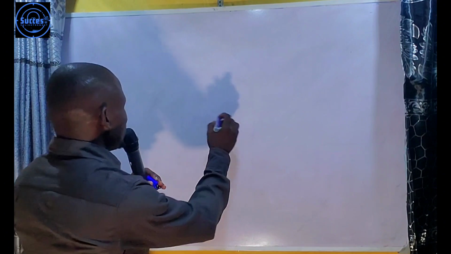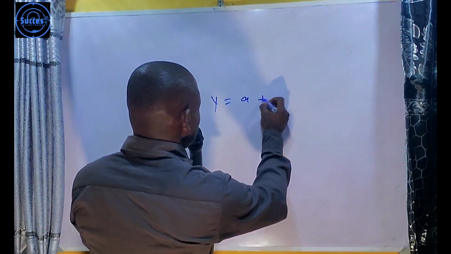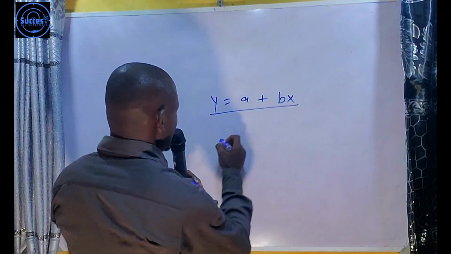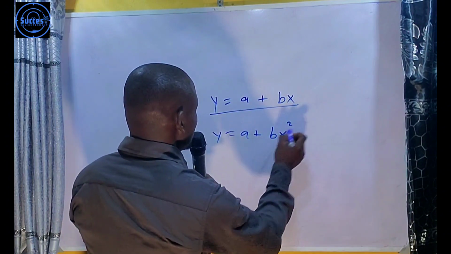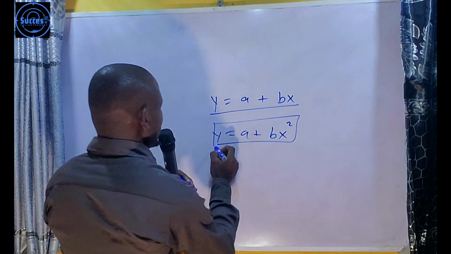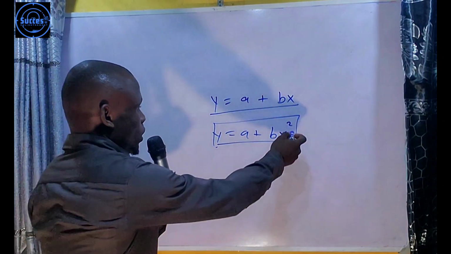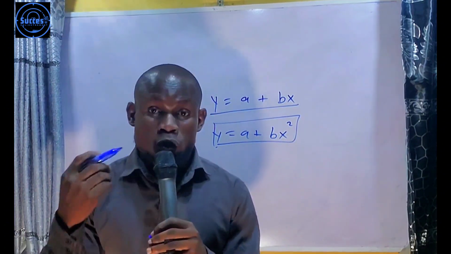When you have something like y equals a plus bx, this is linear. When you have y equals a plus b x raised to power 2, this is not linear, because the independent variable is raised to a power more than 1.